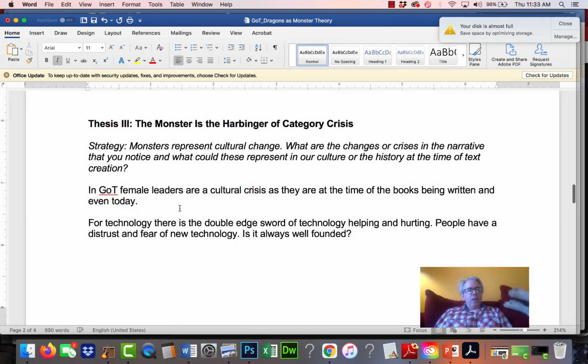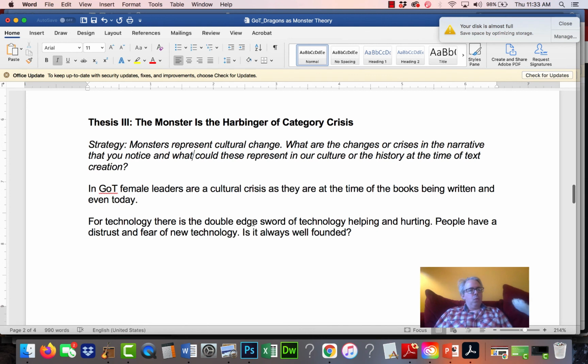And then the other one we would have here, technology is the double-edged sword for helping and hurting, right? So again, a categorical crisis because we recognize that technology can be used to create lots of technologies for killing people and hurting people, but at the same time, technology is used in science to help people.